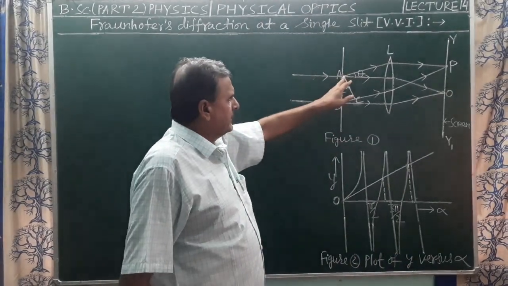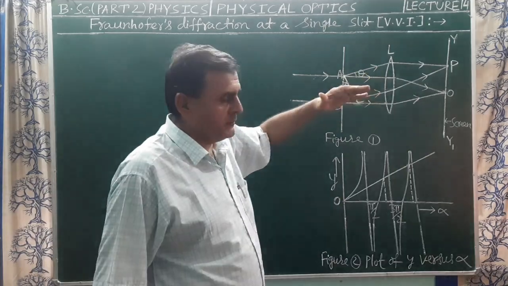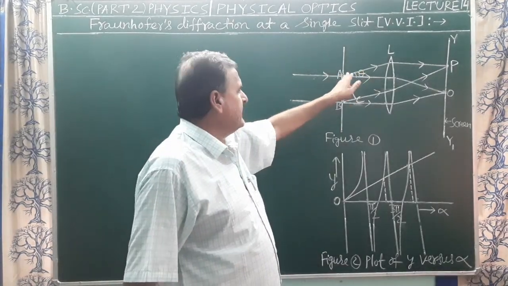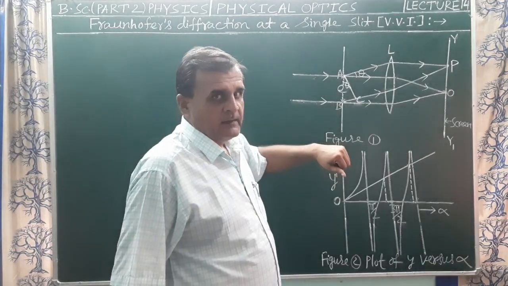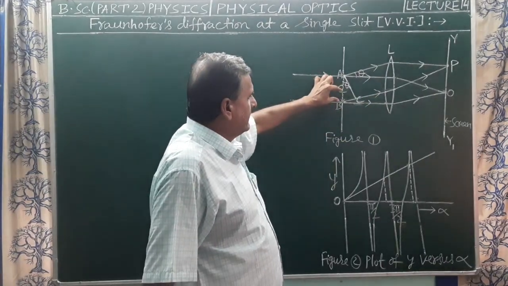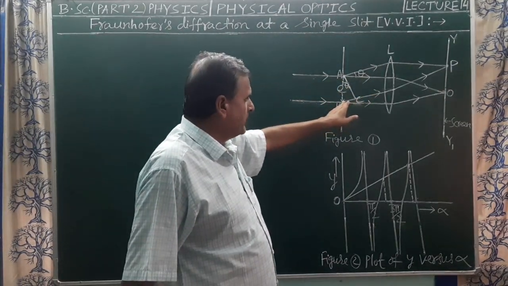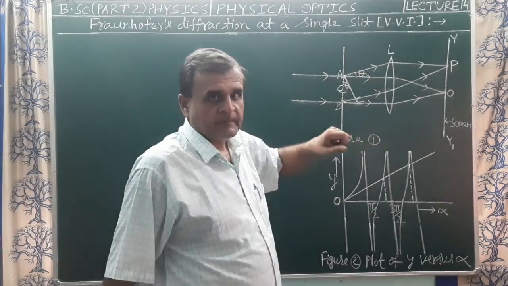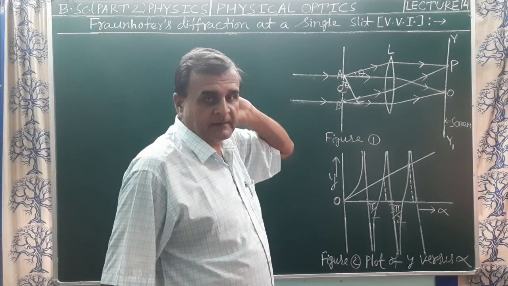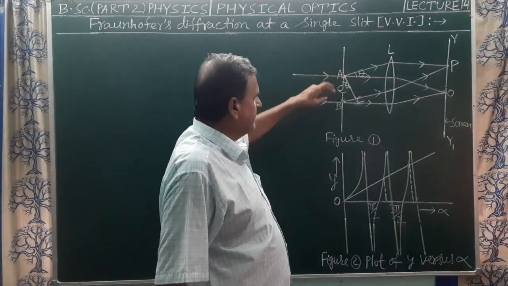The path difference between two diffracted secondary light wavelets at points A and B of the slit is given by BC. BC is the extra distance covered by the secondary wavelet from point B of the slit, and this extra distance BC is the path difference between the two secondary wavelets diffracted at A and B.